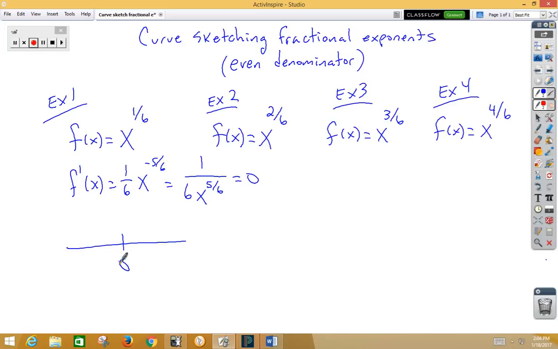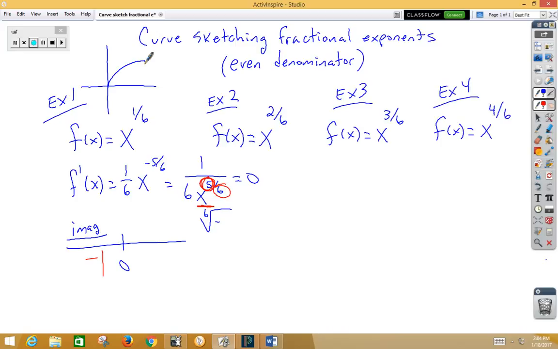If we check a number to the left, if I plug in a -1 for x, since I have an odd on top but an even on the bottom, I actually get an imaginary number because I have a 6th root of a negative number, so that's imaginary, which means the graph doesn't exist to the left of 0, which is consistent with what we know the picture to be because there's nothing to the left.